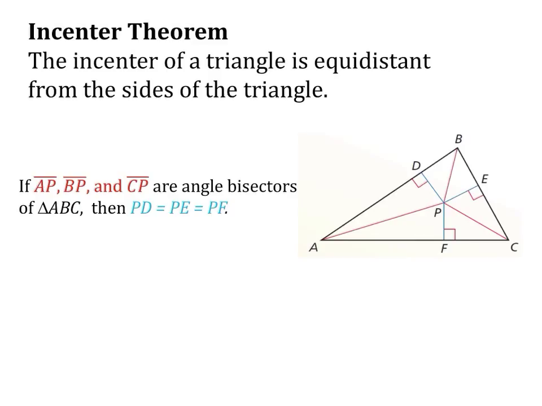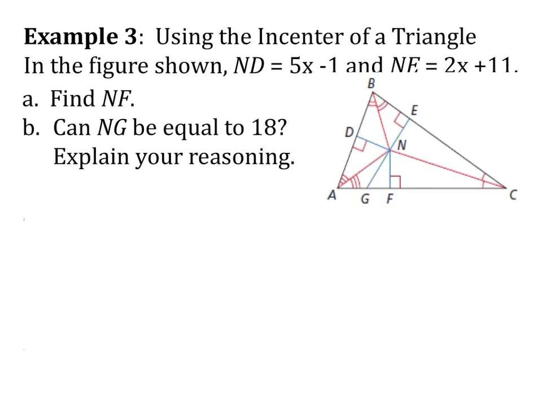So in other words, if segments AP, BP, and CP are angle bisectors, then length PD equals length PE, which equals length PF. And notice each of these lengths are perpendicular segments to the sides of the triangle. Super important.